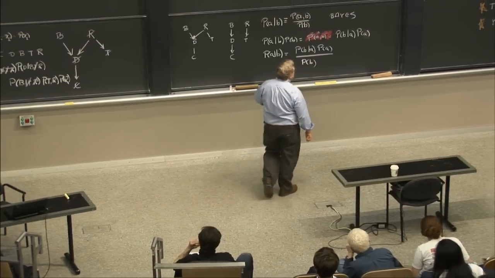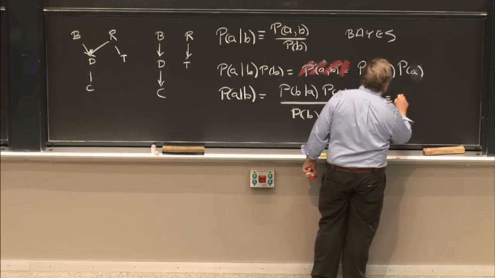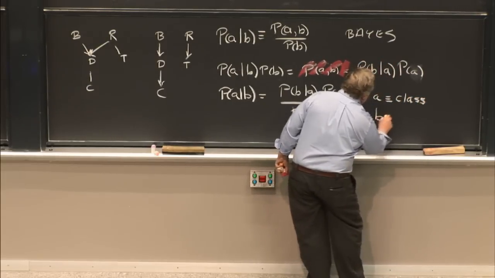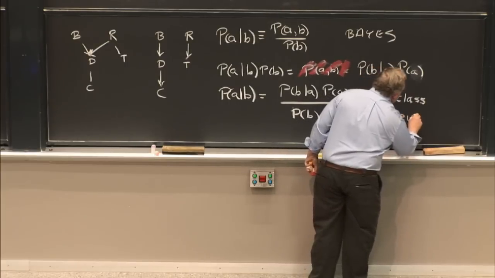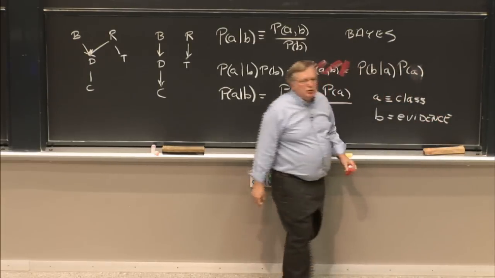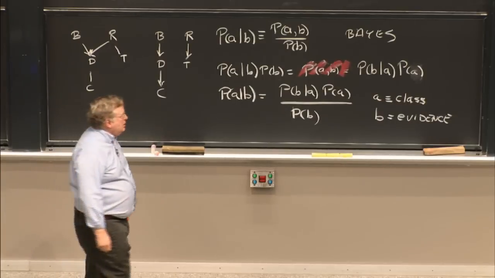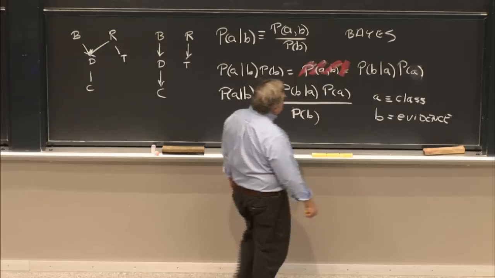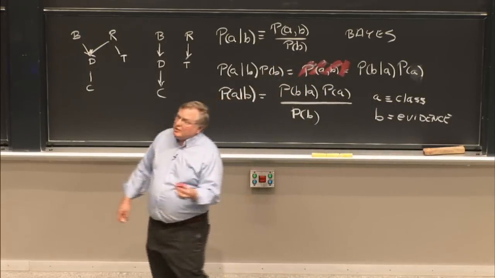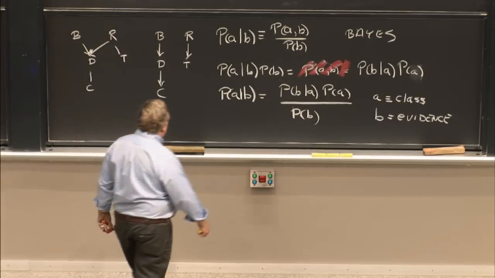But let's suppose that A is equal to a class that I'm interested in, the disease you've got, and B is equal to the evidence, the symptoms I observe. Voila. I may have a pretty hard time figuring out the probability of the class given the evidence, but figuring out the probability of the evidence given the class might not be so hard. Let me get another board and show you what I mean.